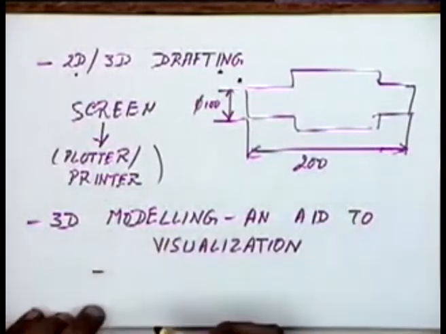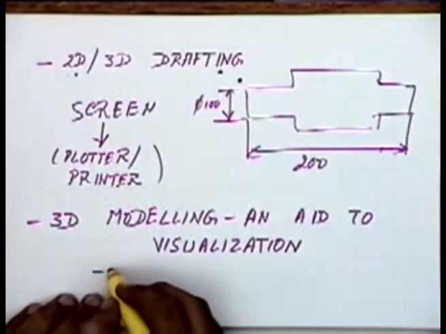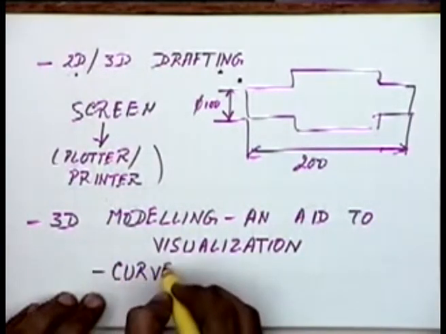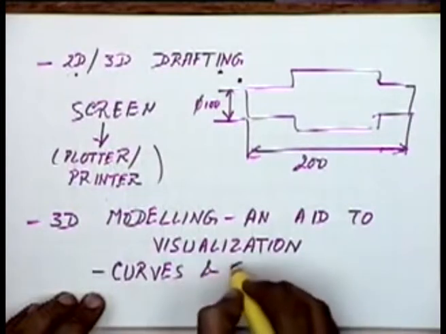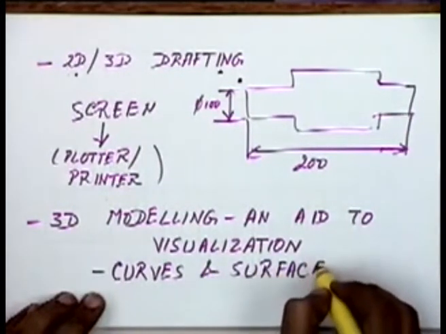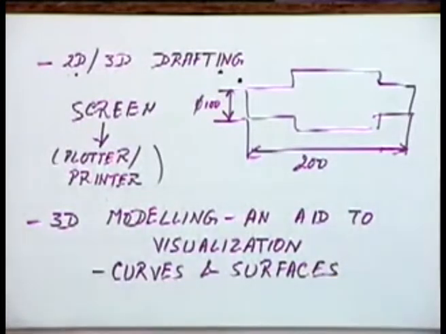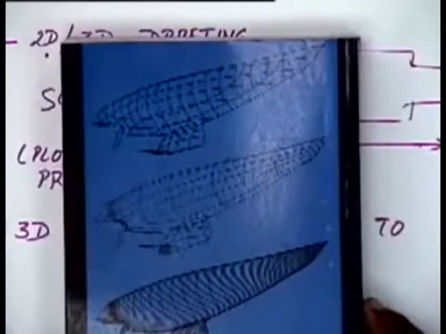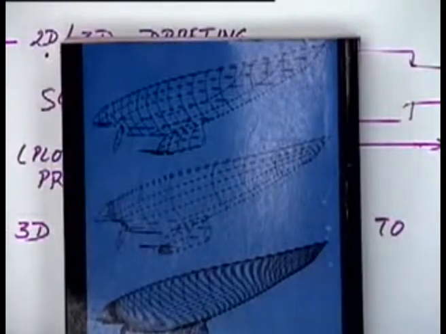when you are talking of modeling, we are trying to model the different curves and surfaces. If you are modeling a complete solid, you also have to model the curves and surfaces that come on it. For example, in this object, you are seeing the surfaces which form this solid.